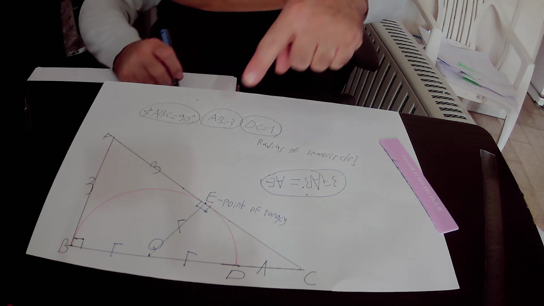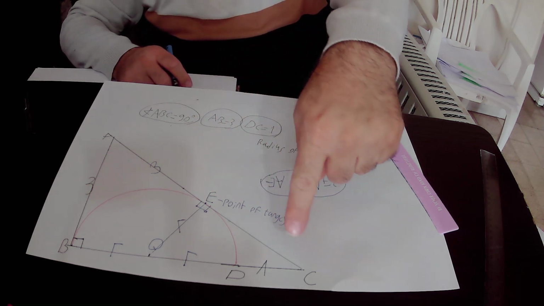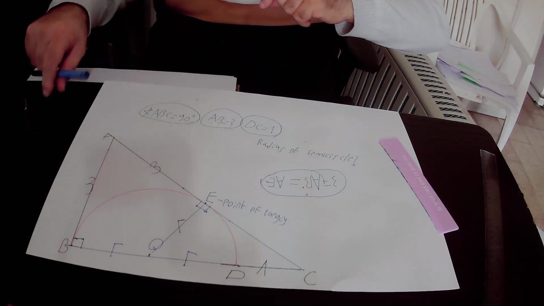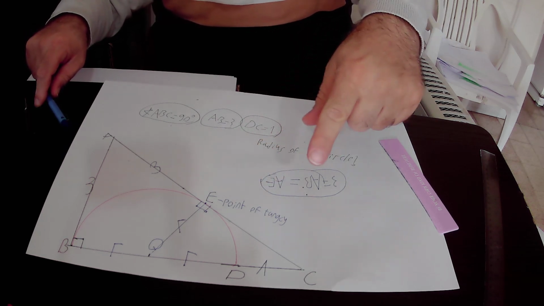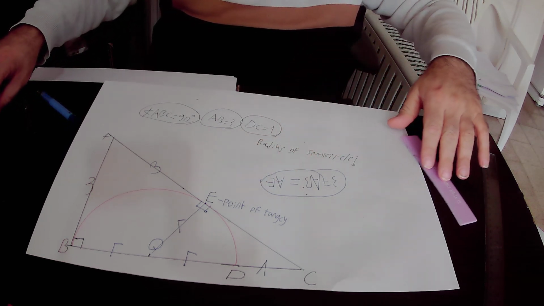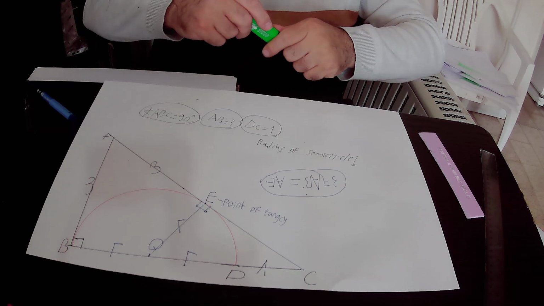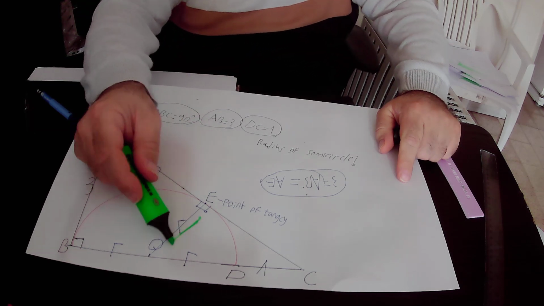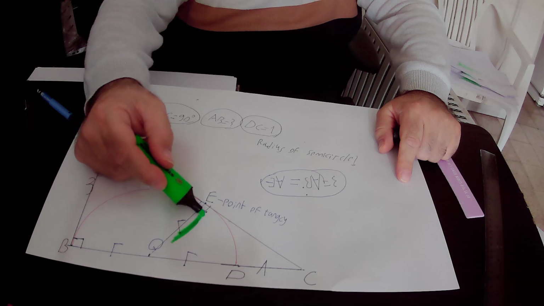So because angle OEC is a right angle, it equals 90 degrees, then triangle OEC is a right triangle because it has one angle that equals 90 degrees. So this triangle OEC is a right triangle.